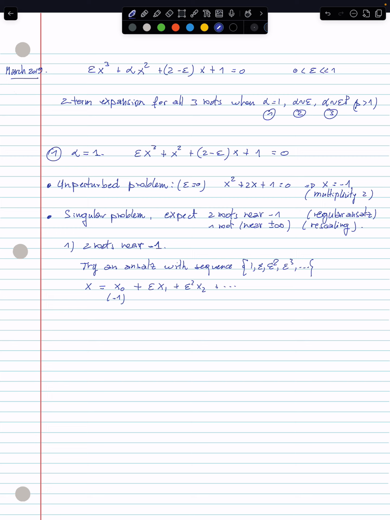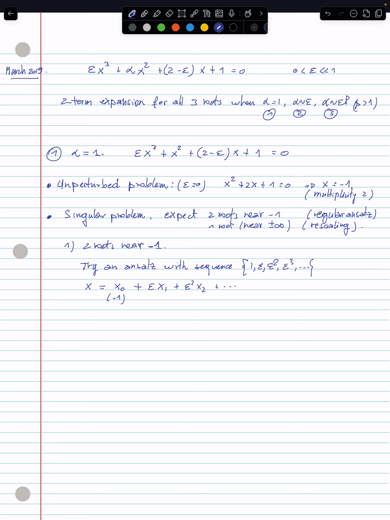Okay, because this was a question that was asked during a test, they don't want to make it too long for you. And this is why I just required you to keep only the first two terms. So what we do next is we substitute this in the governing equation.